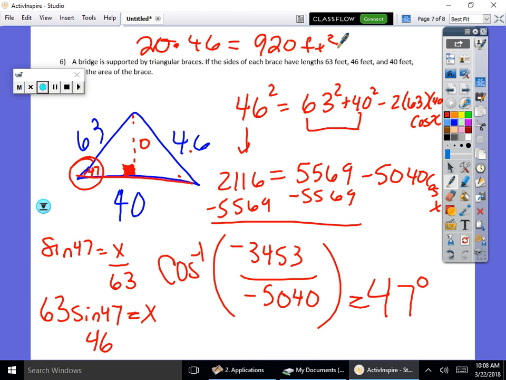Okay, so area is I do half the base. That's why I chose the even number for a base of the three numbers. So half of 40 is 20. The height ended up being 46. So 20 times 46. Or you could have done 40 times 46 and then divide it by 2. I don't care how you do it. Okay? You still would have gotten 920. Everyone good? All right. Last problem.